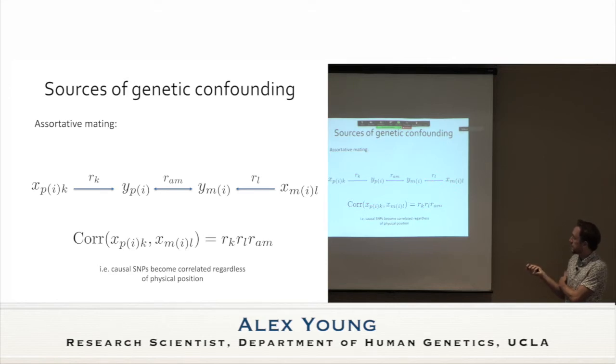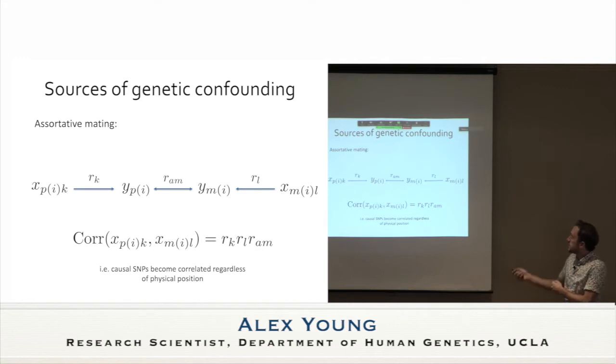And assuming a linear model, you can derive that the correlation between the genotype of the father at position K and the genotype of the mother at position L is equal to this, and it doesn't rely on the physical position, where it's actually assuming independent segregation there, assuming this is the only source of correlation between the relative genotypes.